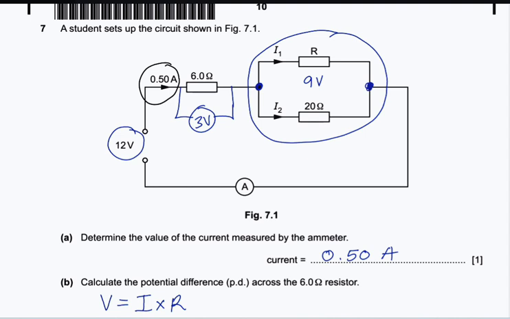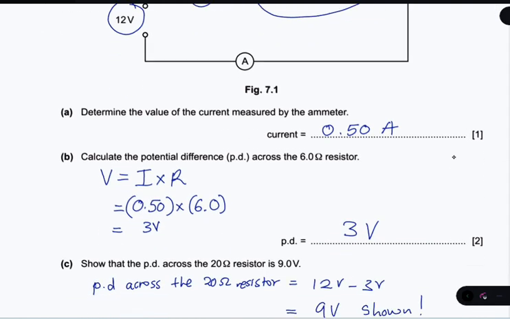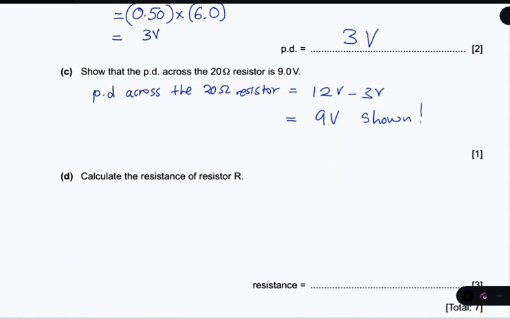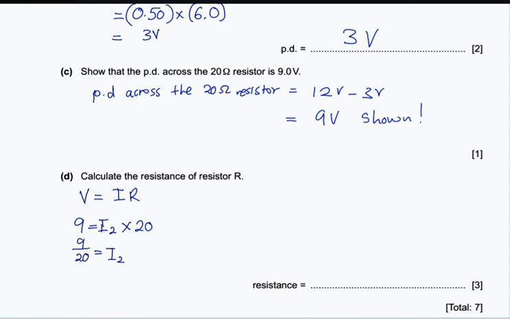We'll start by calculating I2, using Ohm's law, V is equal to IR. So we have 9 volts equal to I2 times 20 ohms, which means that I2 will be equal to 9 over 20.